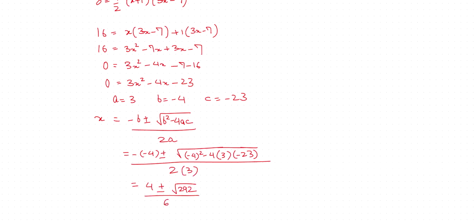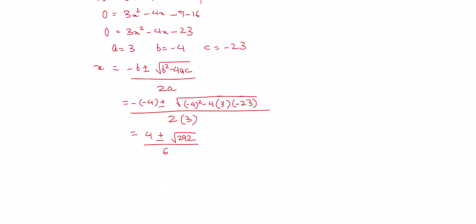So we will have a positive and a negative solution. x is given by 4 minus square root of 292 by 6 and 4 plus square root of 292 by 6.